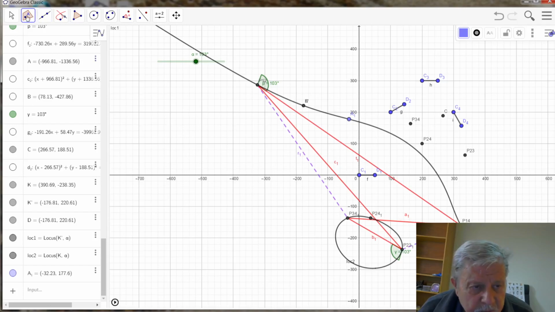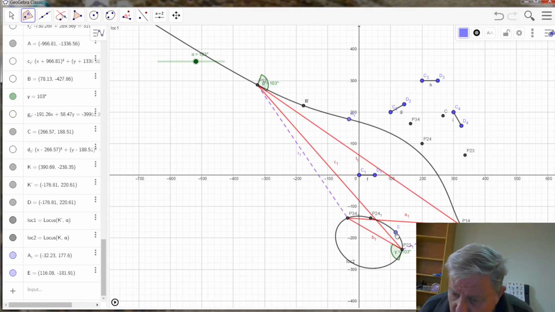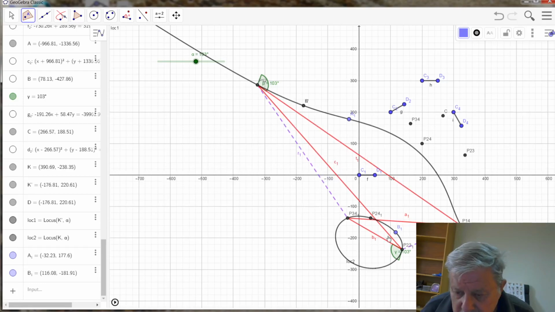Take another point. Let me take it over here. I don't really know what I'm going to end up with, because I usually do it differently each time I solve these problems. B1. Here is B1, here is A1.